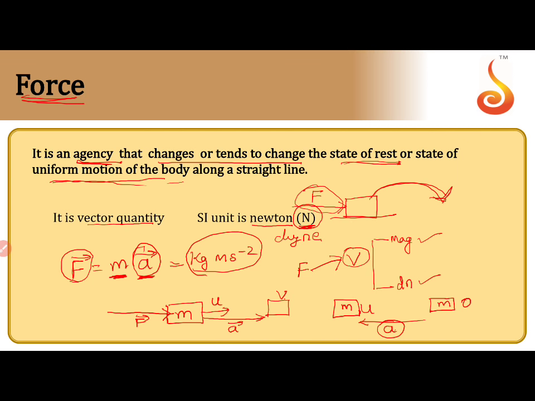Then we spoke about force. Force is an external agency which tends to change the state of rest or the state of motion of a body. It is a vector quantity, its SI unit is Newton, and it is given by the formula F equal to mass into acceleration.